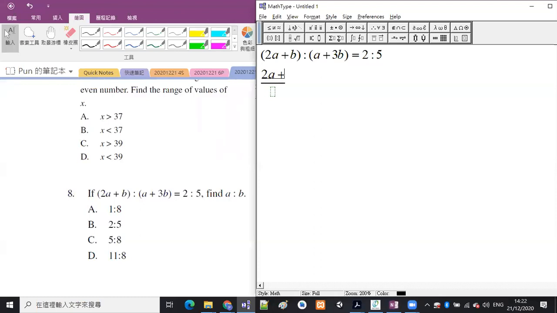It's 2a plus b over a plus 3b is equal to 2 over 5. And we have fractions on both sides. Luckily, we have just one single fraction on each side, so we just multiply the denominators to the opposite side. So 5 times 2a plus b is equal to 2 times a plus 3b. So we have 10a plus 5b is equal to 2a plus 6b.